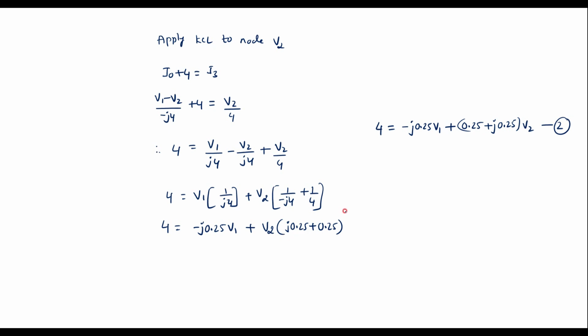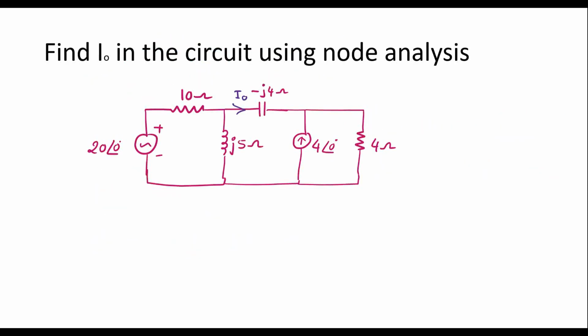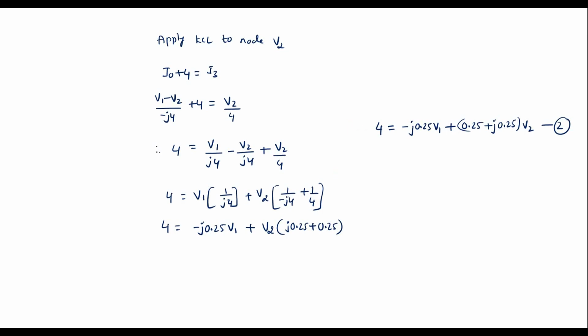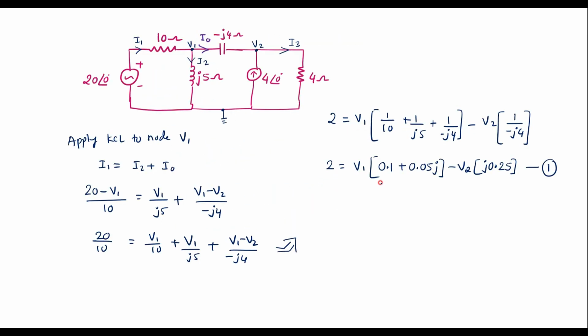Now we are supposed to solve equation 1 and 2 using Cramer's rule. In Cramer's rule, first we are supposed to represent these two equations in matrix form. So we have 2 and 4 on the left, the values on the LHS of the first and second equations. Now write the coefficients of V1 and V2.